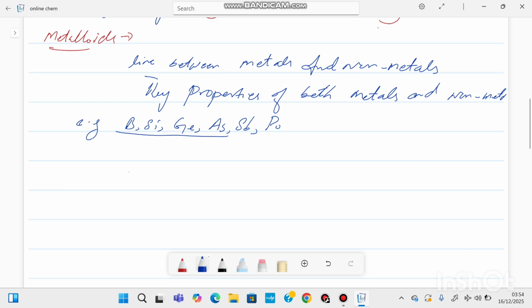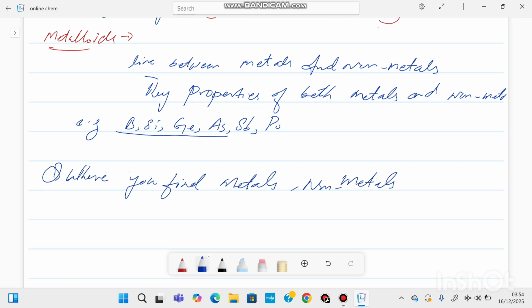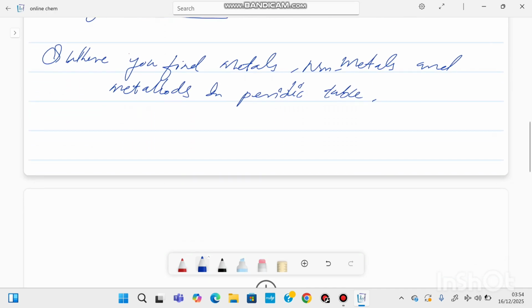Now the next question is where you find metals, non-metals, and metalloids in the periodic table. For example, if somebody gives you the task of finding these elements in the periodic table, where will you find them? This is a very simple task.